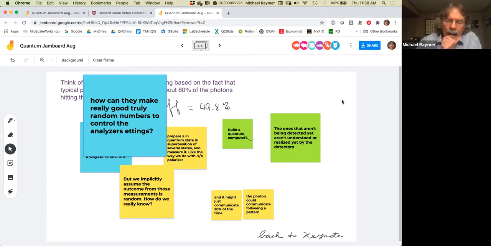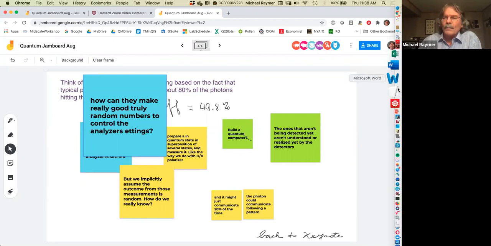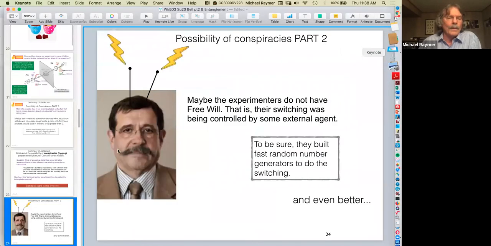Just like they had to separate Alice and Bob, what you have to do is you have to separate your random number generator from Alice, and also separate Bob's random number generator from Bob. And this gets a little bit subtle, I have to admit, actually, but let's go and look at it. Where's my keynote? There we are.